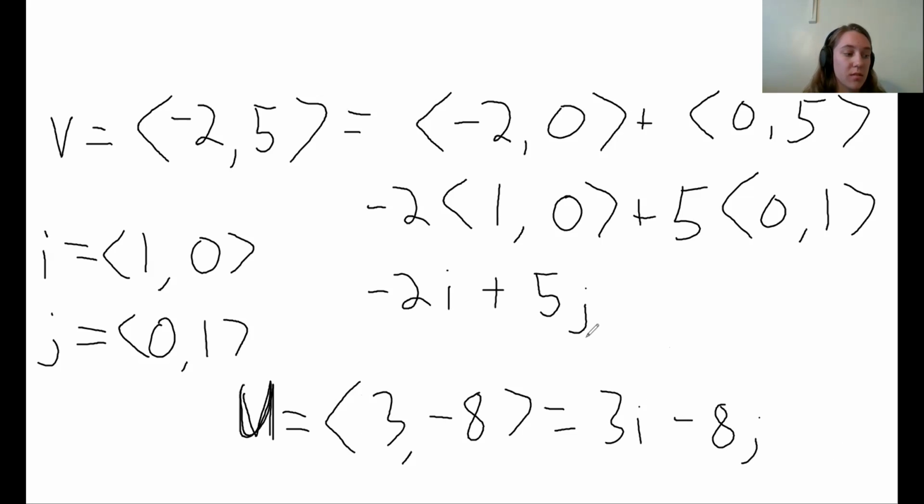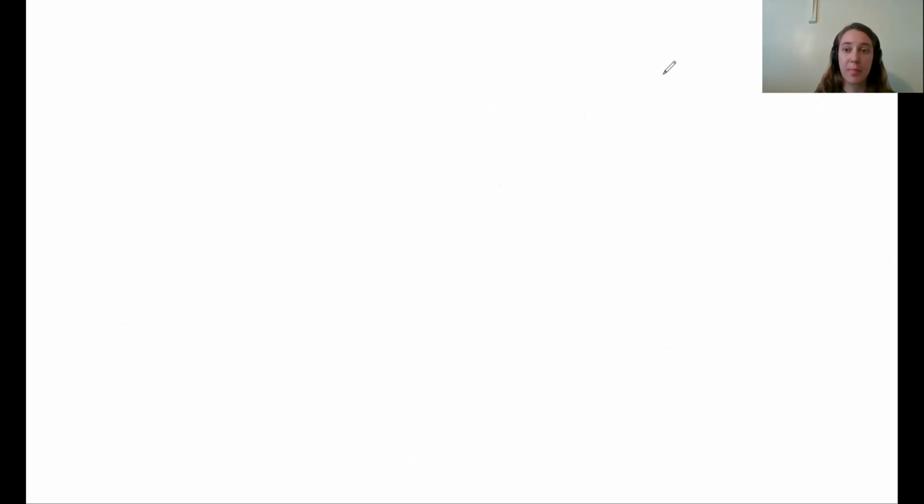And that would be the linear combination form of the vector 3, negative 8. You can use either one for different operations, but it is important that you know how this works.